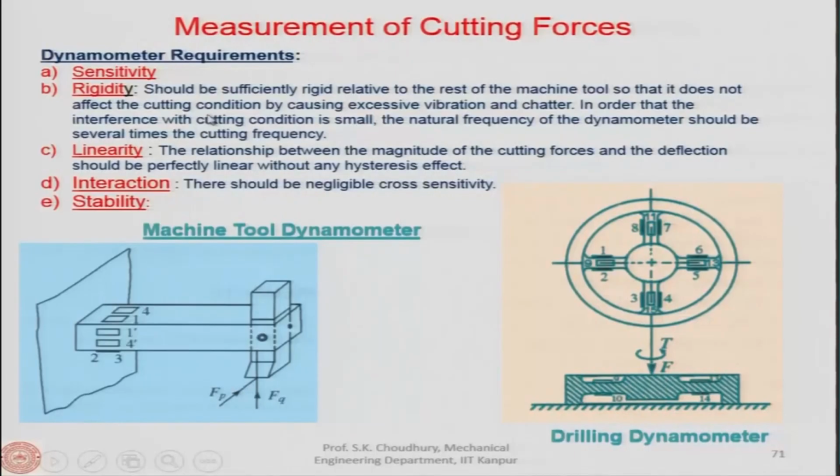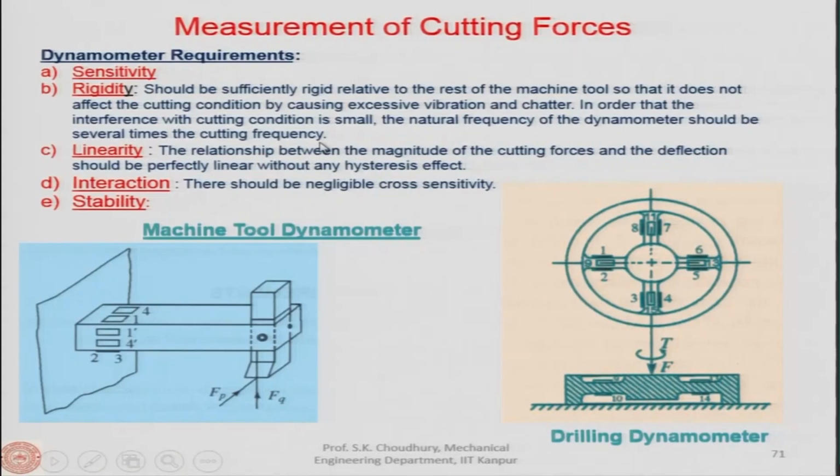So, therefore, it is told here that the rigidity of the dynamometer should be sufficient. And that dynamometer, when attached to the tool post, should not cause excessive vibration or self excited vibration, which is chatter. In order that the interference with cutting condition is small, the natural frequency of the dynamometer should be several times the cutting frequency.